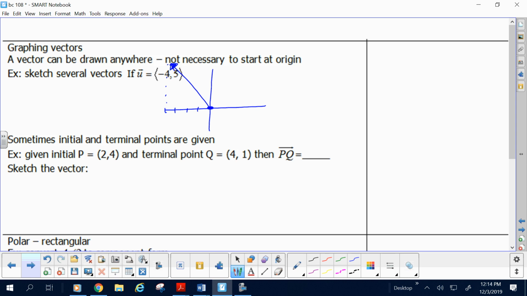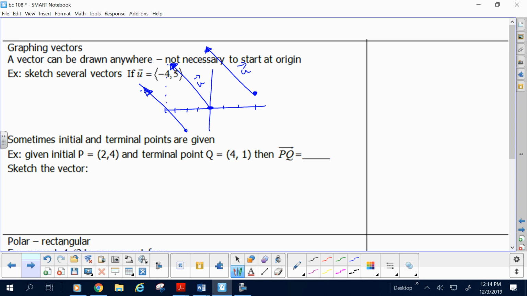You could start over here as your initial point and go left 4, up 5, and it would be the same. Either of these is u. I could start down here and go left 4, up 5. They would all be the same length and in the same direction, but they would start and terminate in totally different points, initial and terminal points.